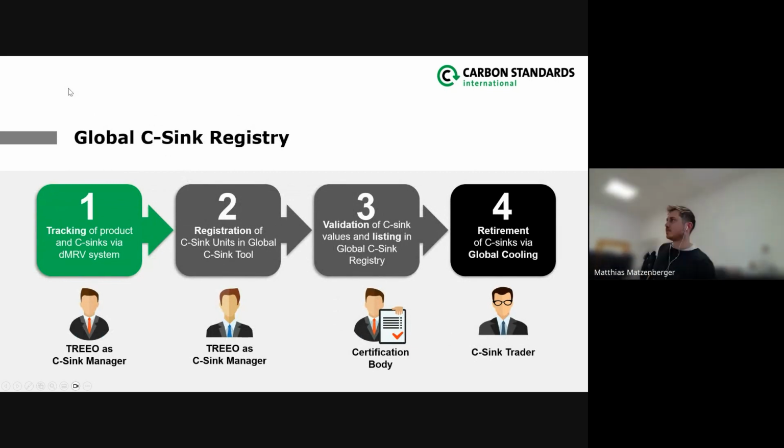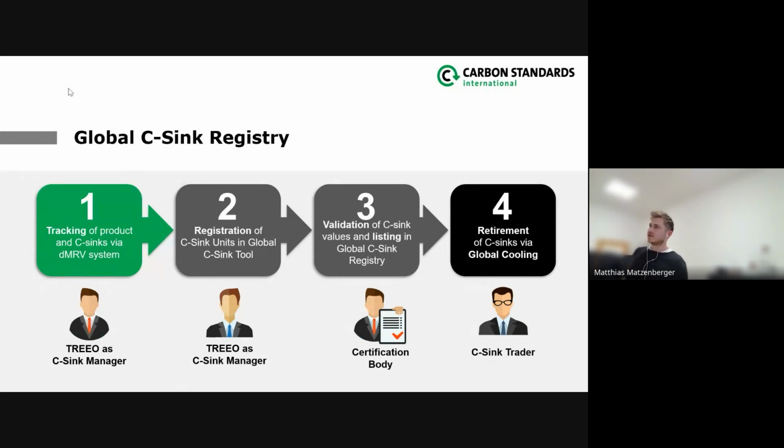What the basic answer of my presentation should be is how the global tree sinks get into the global sink registry. It all begins with the tracking with the DMRV system of TREEO, for example, where we can track the product, the trees, and also the sinks. After that, we have the registration into the global sink tool, where the certification body also has the possibility to enter.